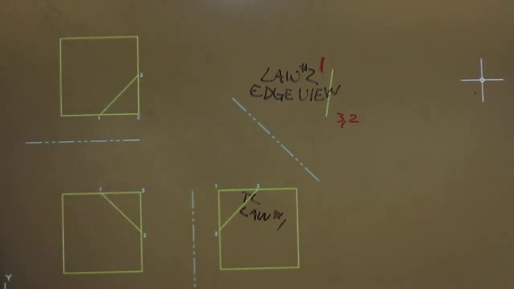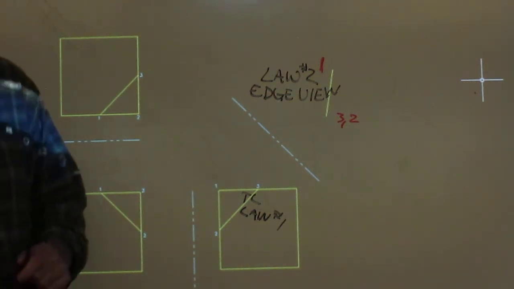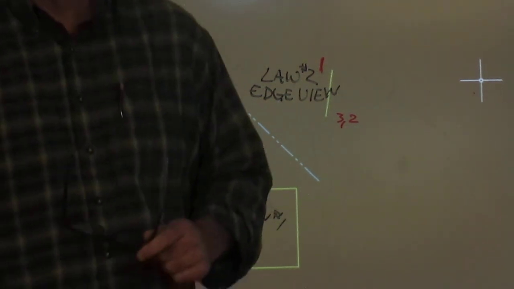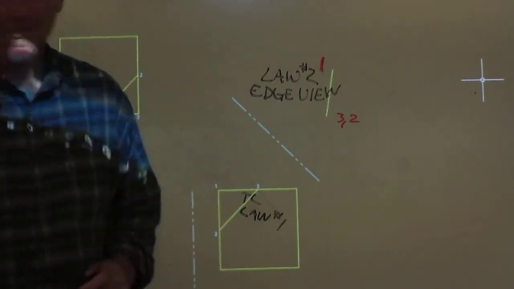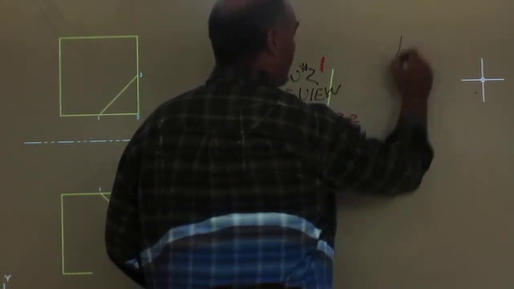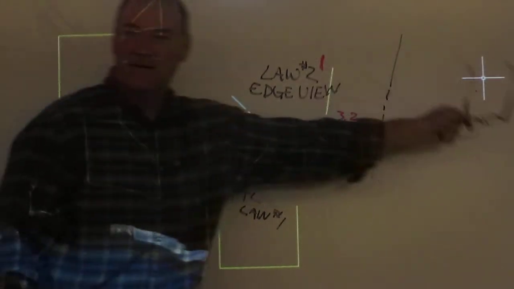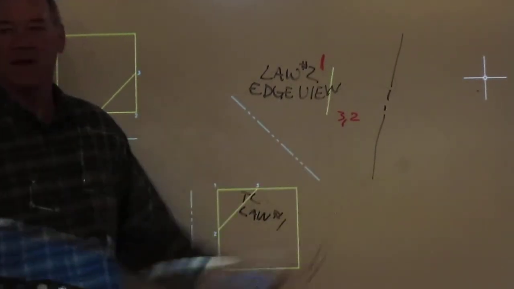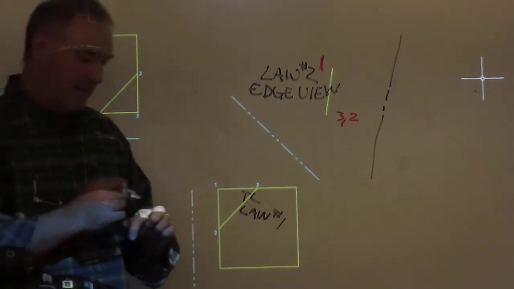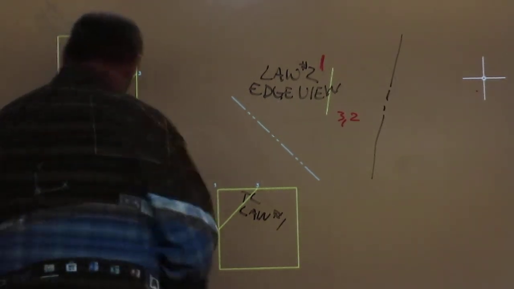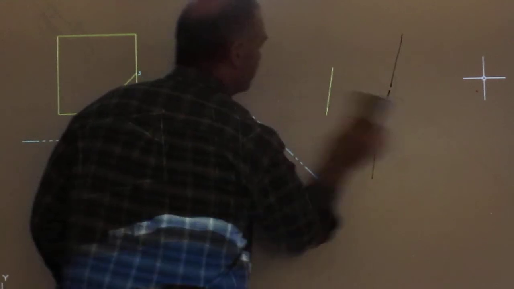Now we need to apply law three. What does law three state? Okay, so what are we gonna do? We're gonna come in here and we're gonna draw a viewing plane parallel to this one and project into this view, and I should have this plane true size and shape. So that's in essence what we now need to do.